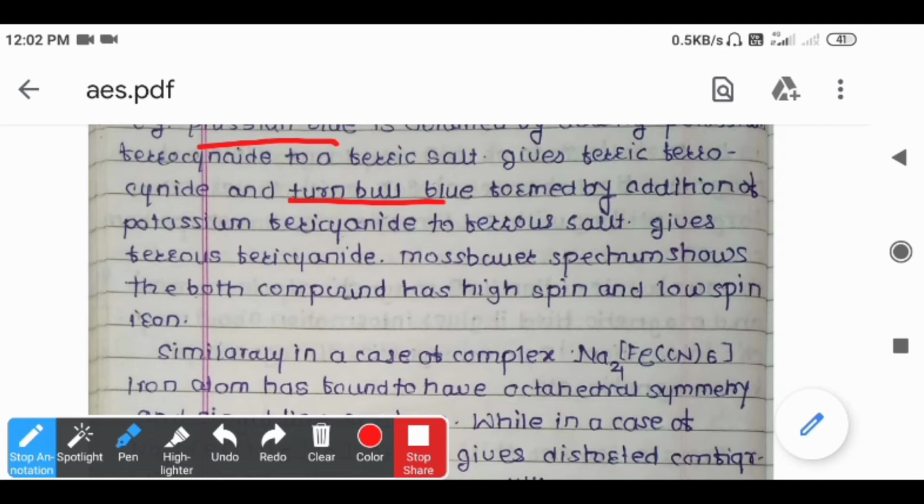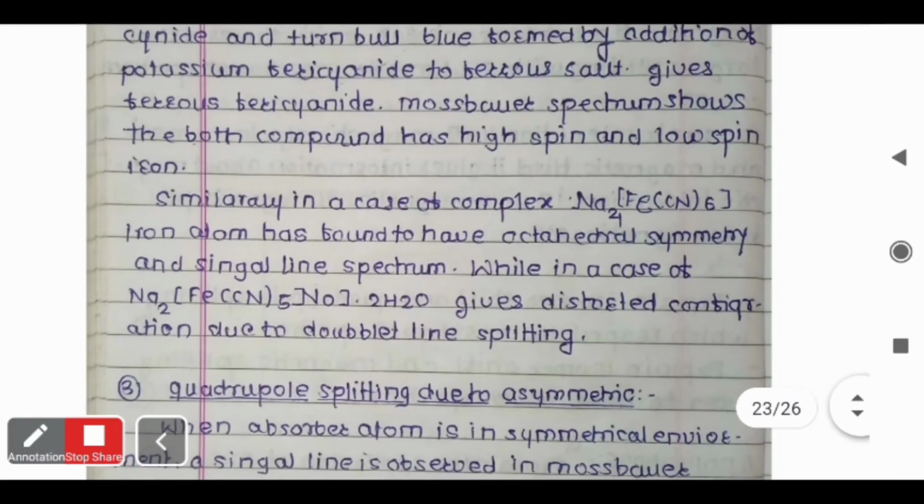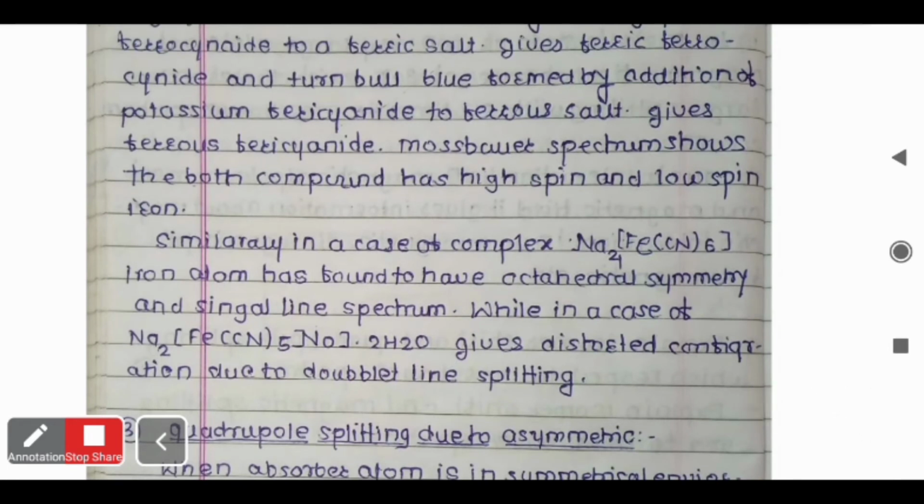How can we estimate this difference? We can use Mossbauer spectroscopy to show that these compounds are high spin and low spin. Based upon the oxidation state and the spin state, we can conclude that the two dyes have different coordination spheres.